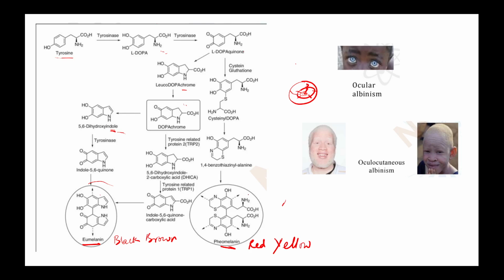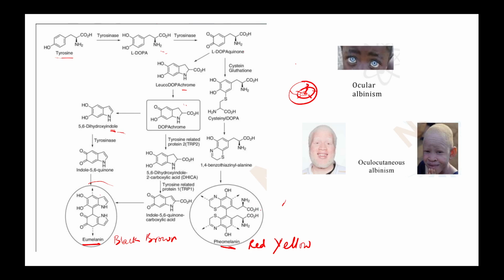There's no melanin, and it can lead to certain serious problems, like it can lead to melanoma. So melanin acts as a UV protector in our skin, so it can absorb the UV radiations, and it can protect the skin from UV damage.